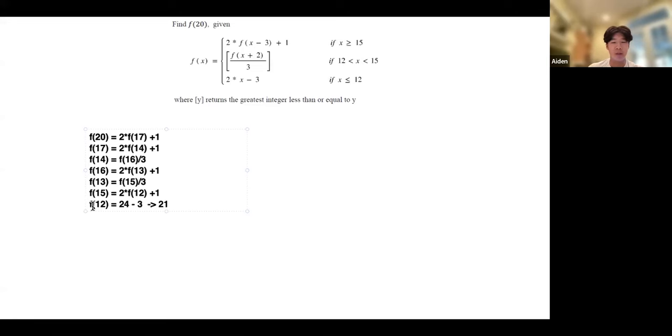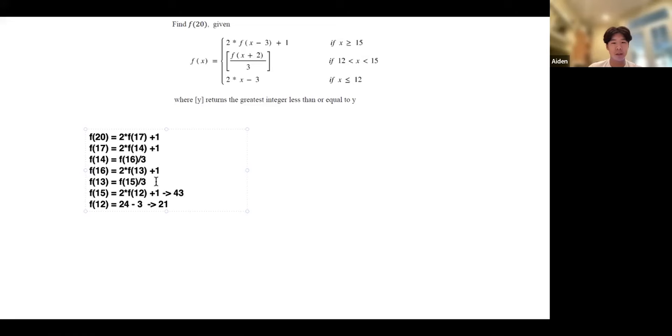And so now that we know what f of 12 is, we can figure out what f of 15 is since f of 12 is 21. So we get 2 times 21, which is 42, and then we add 1 to get 43. And this is for f of 15.